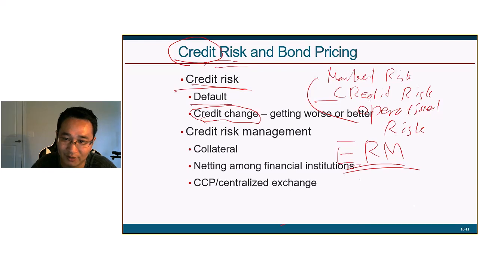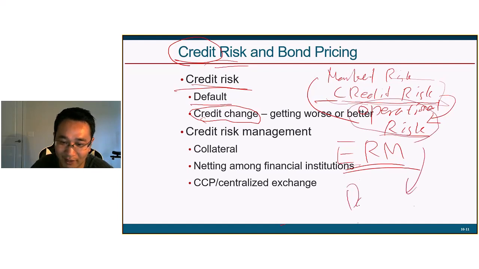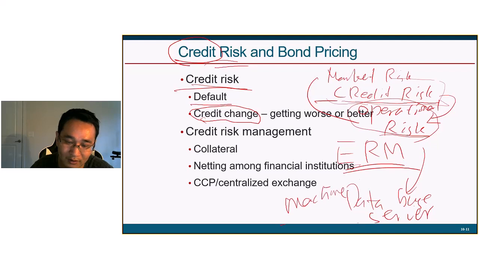I wouldn't say that credit risk is managed within operational risk, because if you work for banks, you will have a credit risk department. And then operational risk. What is operational risk? It's like you have a database, or you have a server, some machine, some flood, or you have branches overseas.